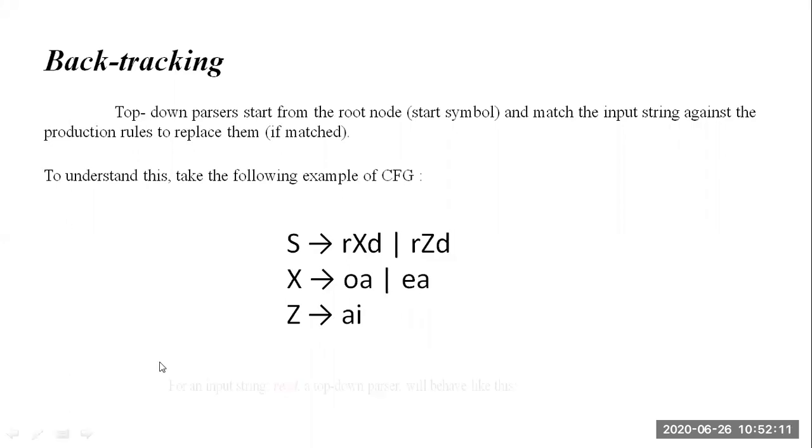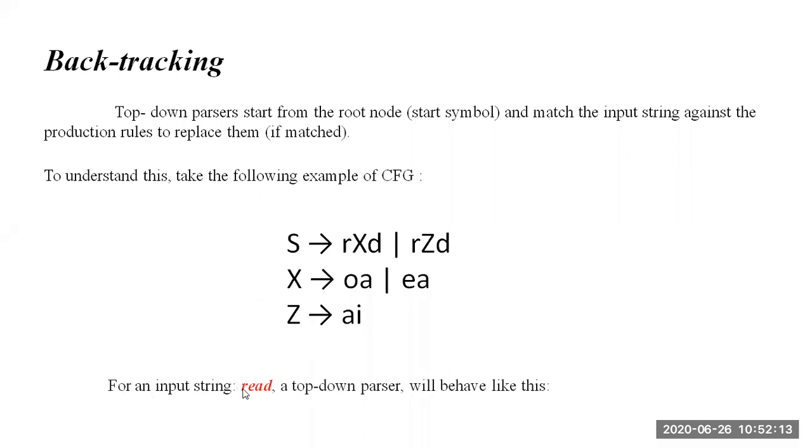Now, for the input string, my input string itself is READ. I want to get this input string from the top-down parser, and check that READ is satisfied. So first, who is our start symbol here?